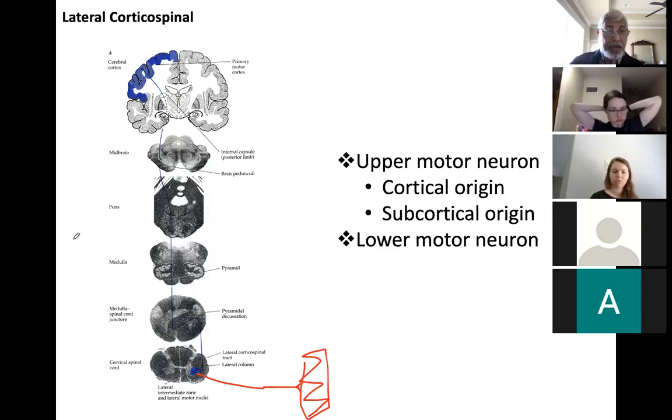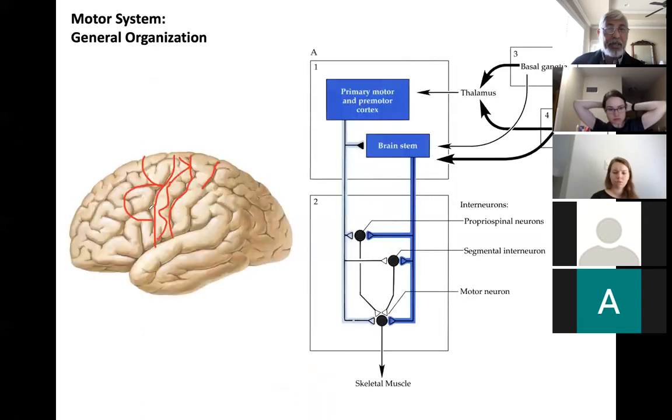Okay, so if we go back to the previous slide, if you look at this one, this is the primary motor area, right? Which sulcus is this one? This is called the central sulcus. And which area is this behind the central sulcus? This is the sensory area, the primary somatosensory area.